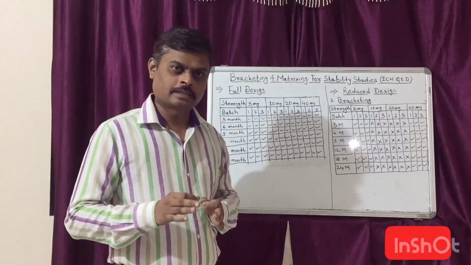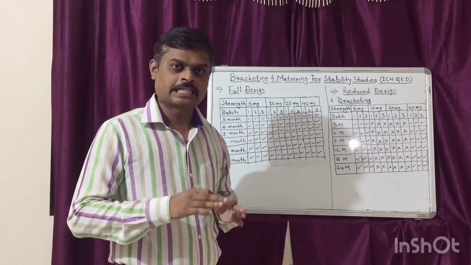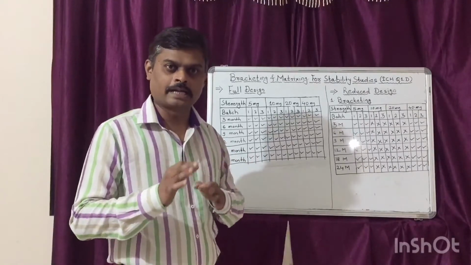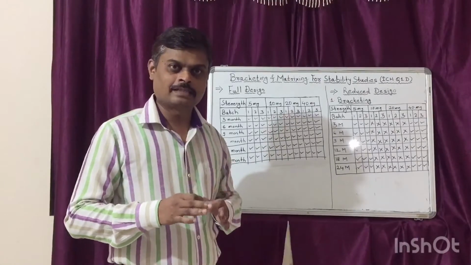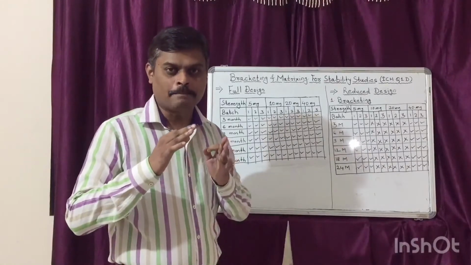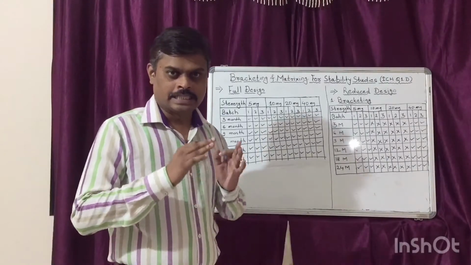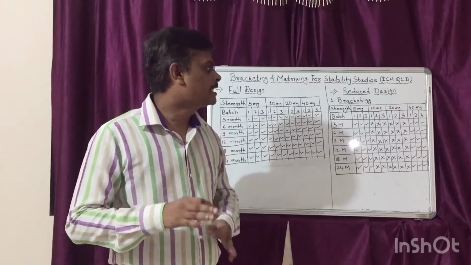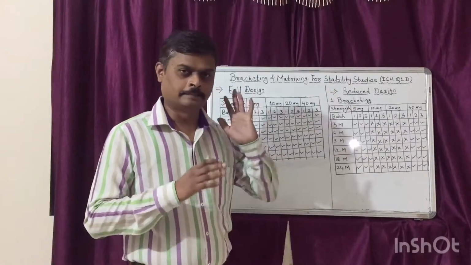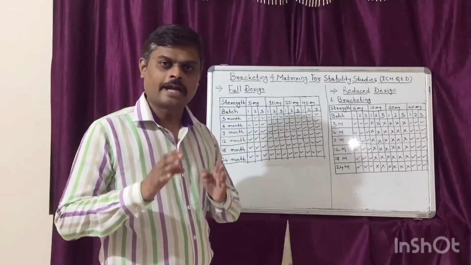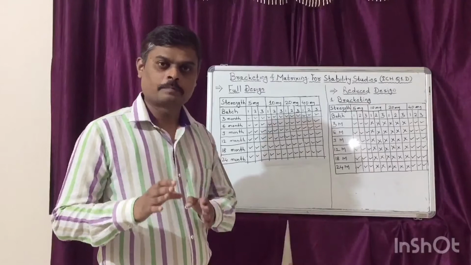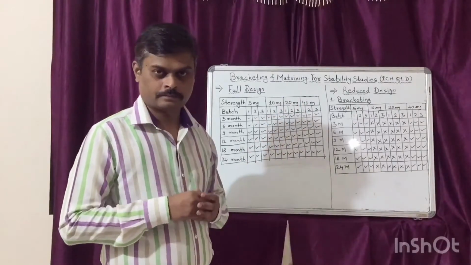Instead of that, ICH has published a separate guideline to address the bracketing and matrixing for stability studies. This guideline is known as ICH Q1D. Bracketing and matrixing are the types of reduced study design.